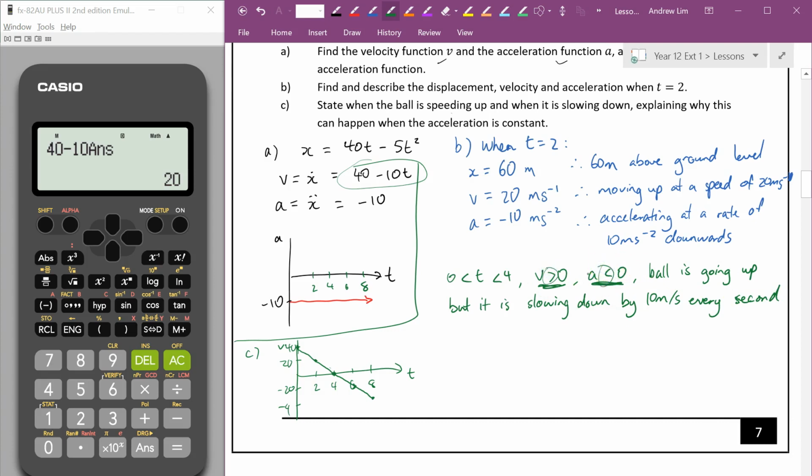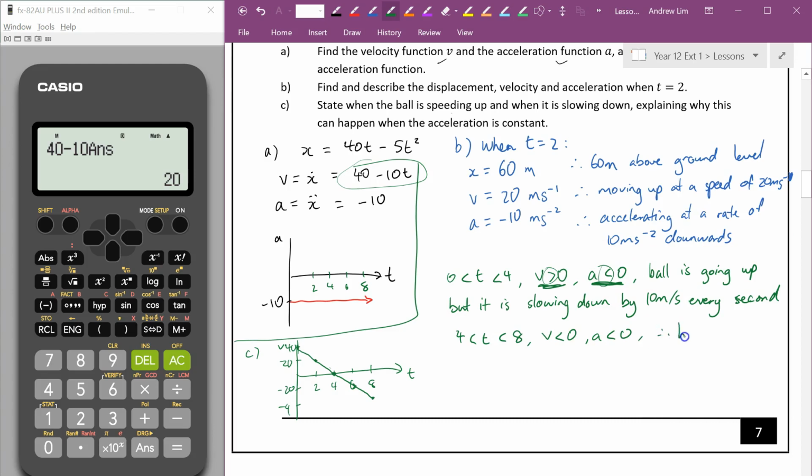They're not the same. But between 4 and 8, we can see that velocity is negative, so it's less than 0. And acceleration is negative as well. So it's going down, and the acceleration is also downwards. Therefore, the ball must be speeding up.